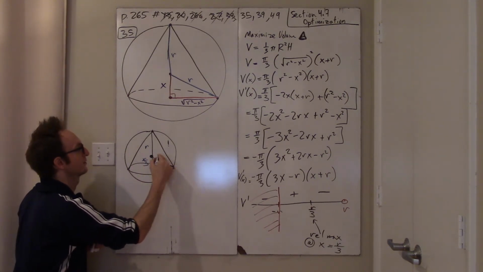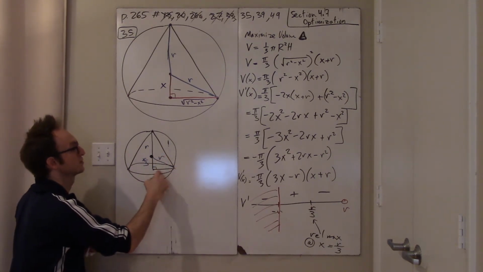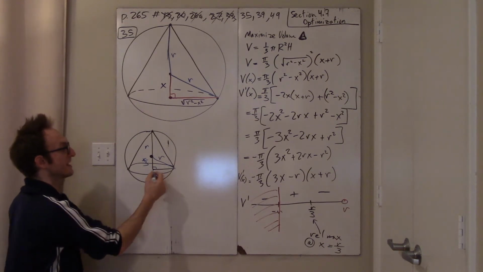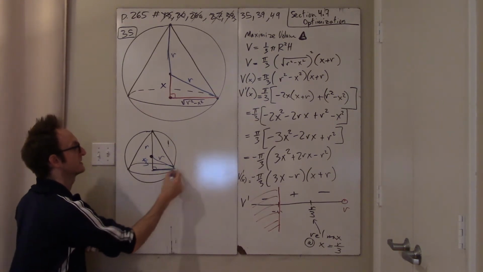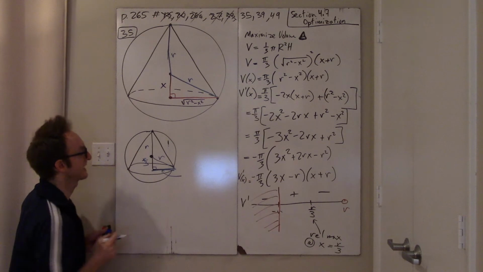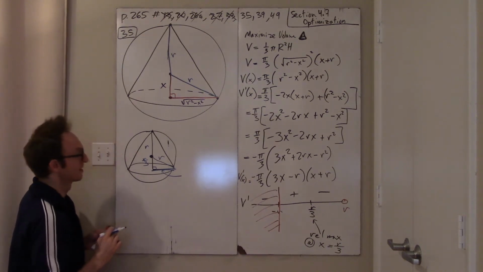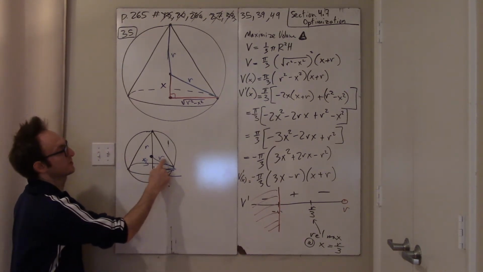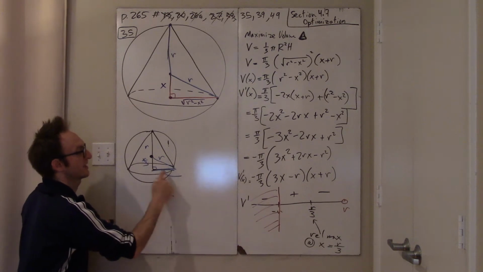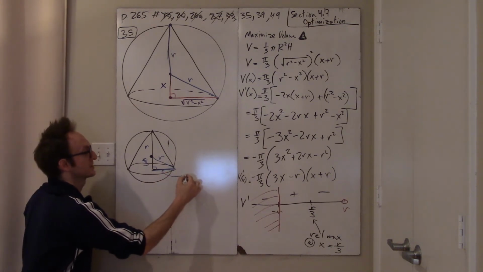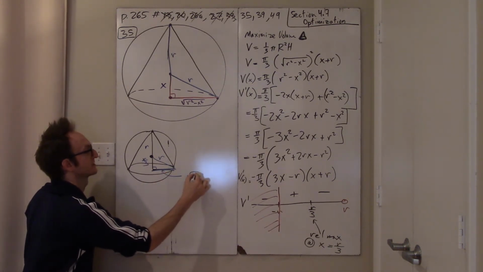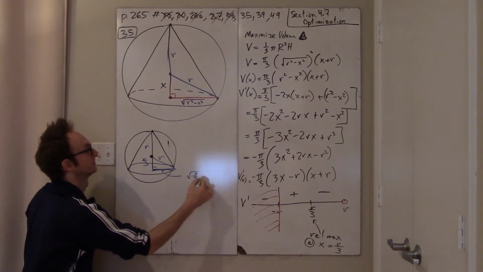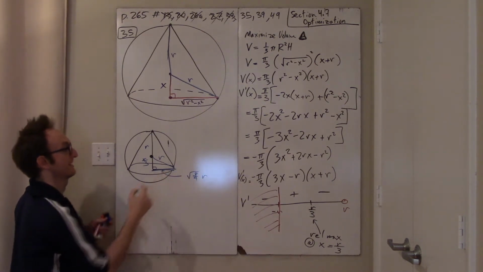And if that's r over 3 and that's r, well then I can just do the Pythagorean theorem to find out what this little piece here is. And the answer is, let's see, that's pretty much just 1 1/3, so this just becomes 8/9. So that's root 8/9 r is the base.